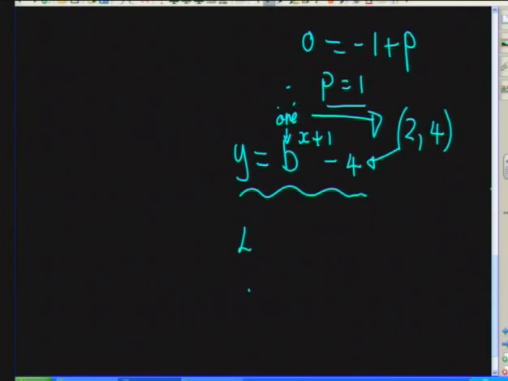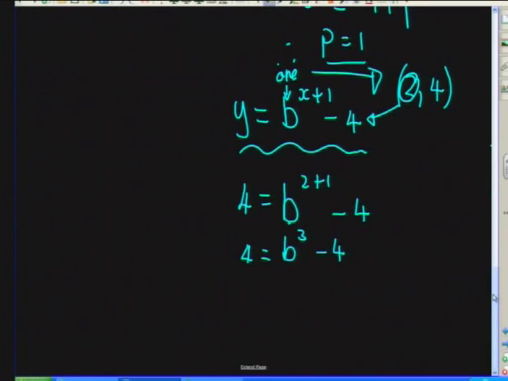We're going to say y is 4, is equal to b to the power of x, x is 2, plus 1, minus 4. So we get 4 is equal to b to the power of 3, 2 plus 1 is 3, minus 4.